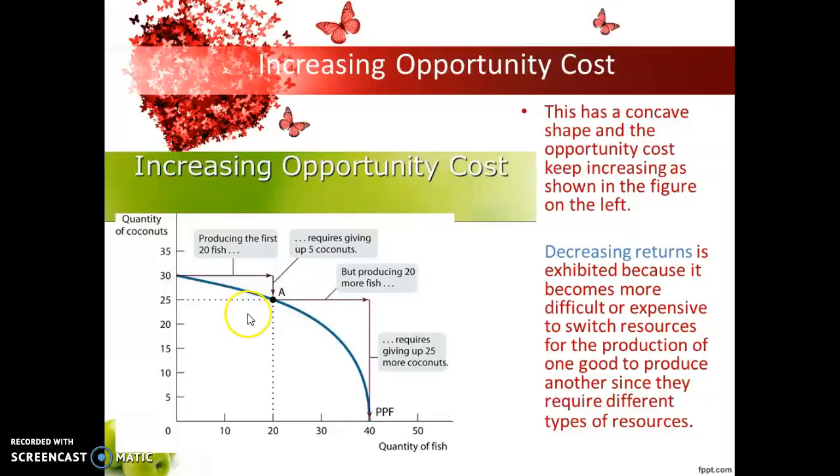And we also see that there is a decrease in returns because in order to switch resources to produce the other good, it is more expensive for them, it is more costly. So a company would not want to be in an increasing opportunity cost situation.